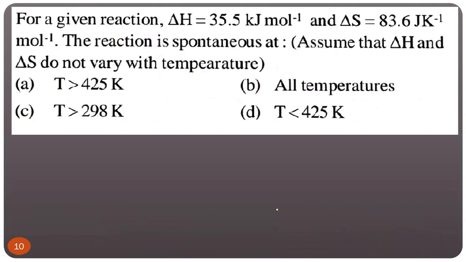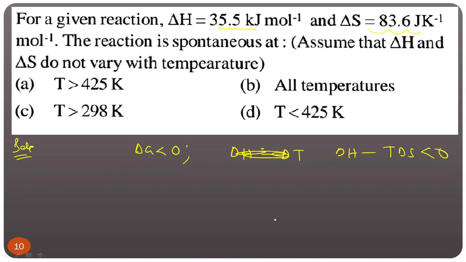Now try this question. I have discussed this question. Now how to solve this question? Try it. I'm giving you the video, pause it and quickly try to solve it. For a given reaction, delta H is equal to 35.5 and delta S is given. The reaction is spontaneous. If the reaction is spontaneous, means delta G is negative, means delta H minus T delta S must be less than 0.